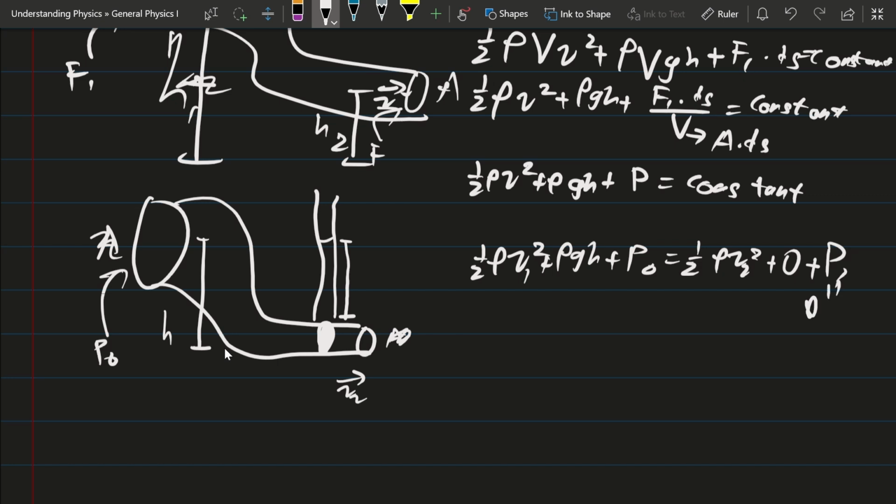That's rho gh, H2 in here, for example. So that's what people always mix up. And if you think about it much more deeply, you could figure out that it turns out it's the same thing. But the best way for you to understand the Bernoulli equation is to look at this example and realize that the height of this fluid only measures the pressure inside of this small tube.